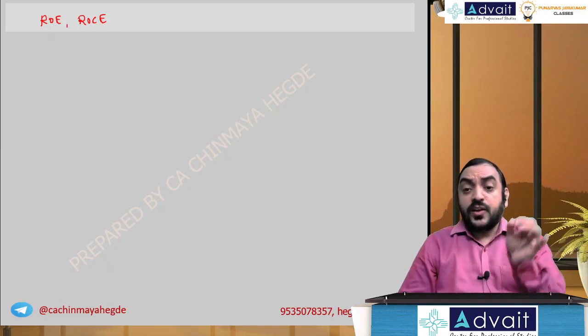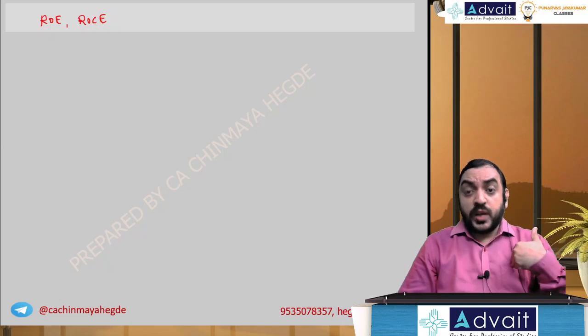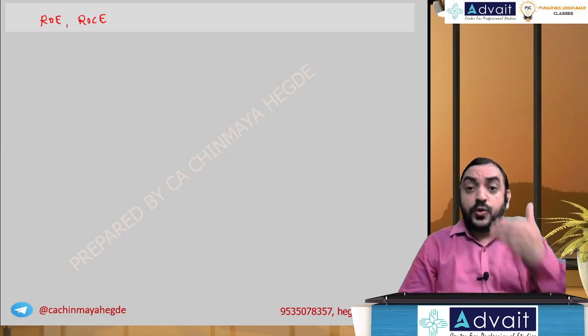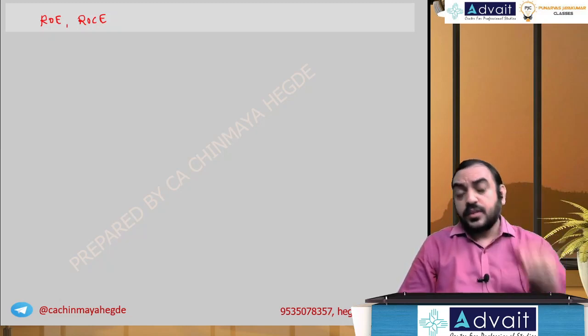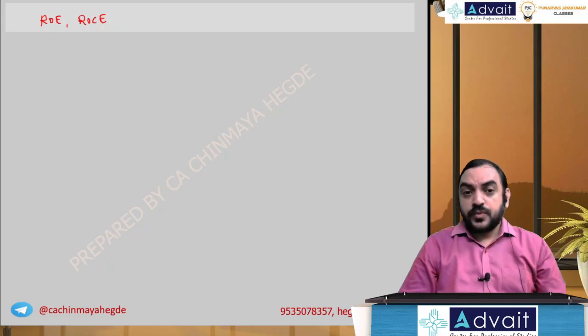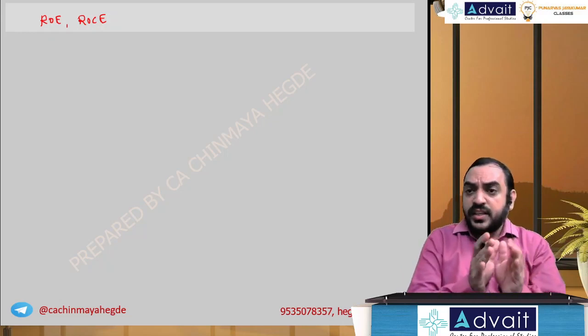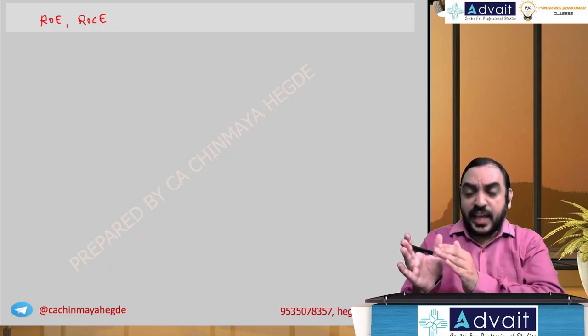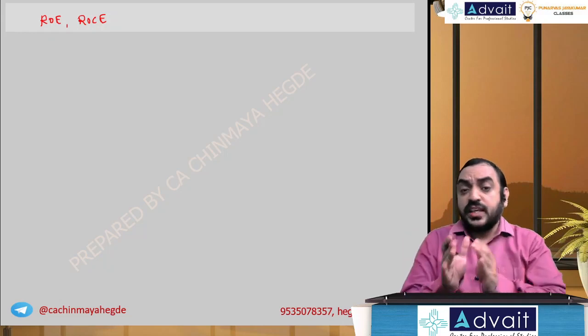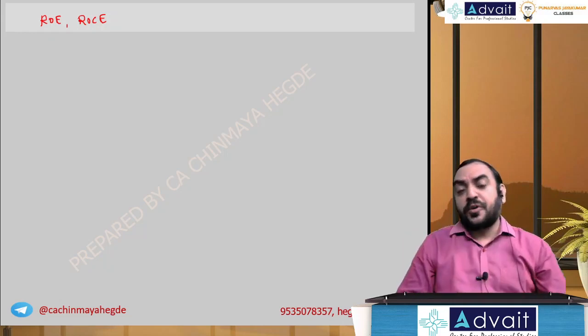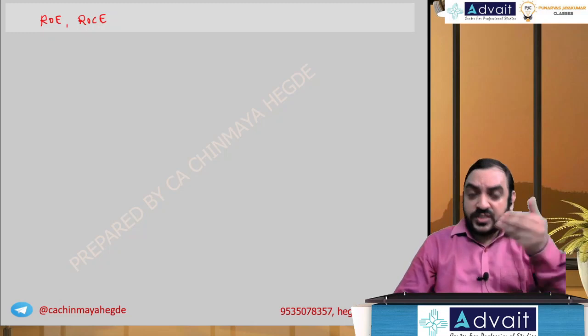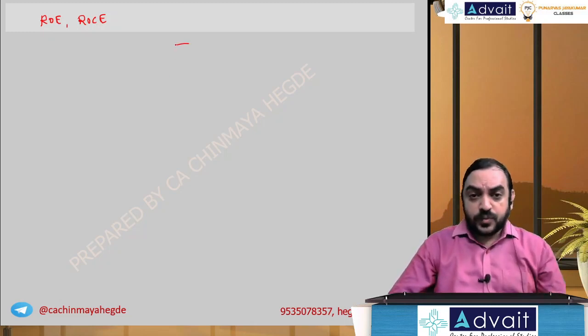ROE, return on equity, is from equity shareholders' point of view, whereas ROCE is from business point of view. Basically, ROE is a profit after tax based calculation. ROCE was operating profit calculation. And how it was different, let me show you by simple example.